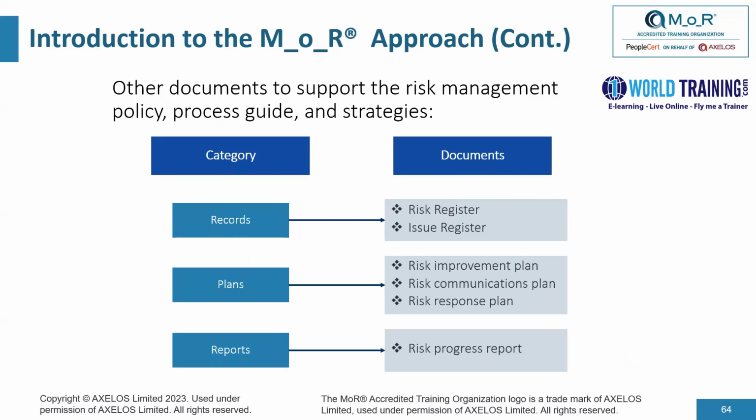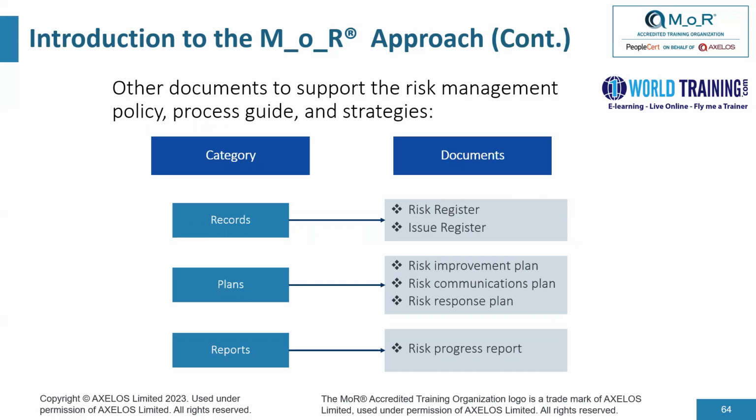The 3 broad categories of supporting documents are record documents, plans documents, and reports documents. Now, these are the documents besides the policy, the process guide, and the strategies document we saw in the preceding slide. Under the record section, you have a risk register and an issue register.